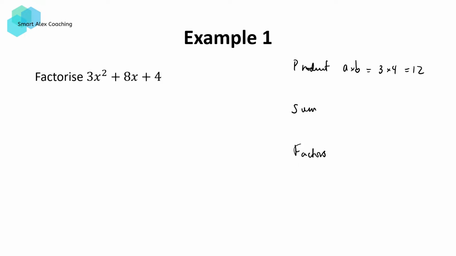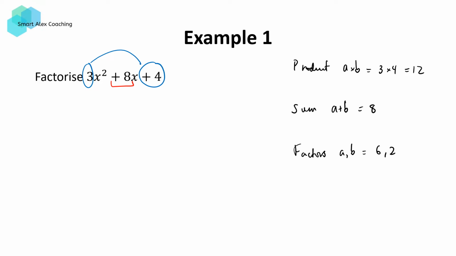At the same time, we want A and B to add to give the coefficient of x, which is 8. Doing some mental calculation, two numbers that multiply to give 12 and add to give 8 are 6 and 2.